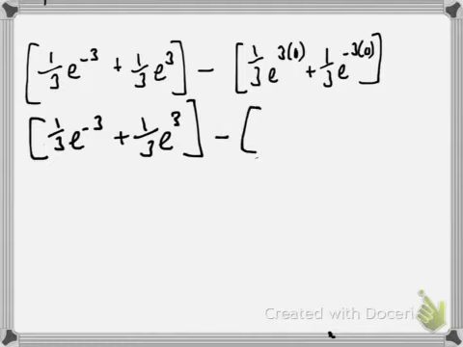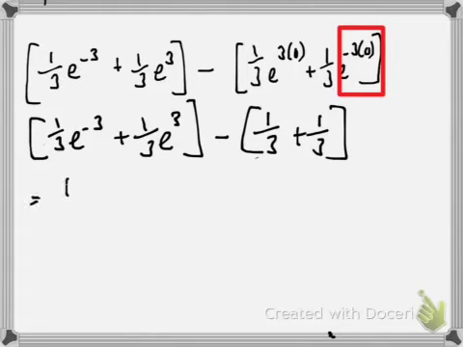Minus, this here is going to be e to the power of 0, which is 1, so we're going to get 1/3. This here will also be e to the power of 0, which is 1. Okay, so we're going to get plus 1/3 there as well.